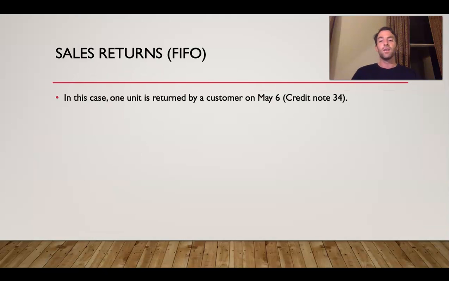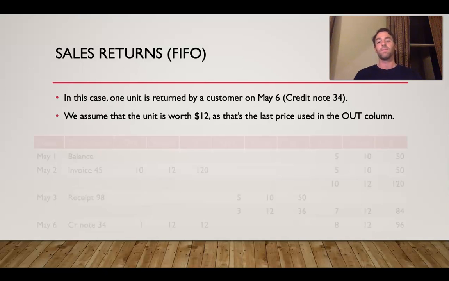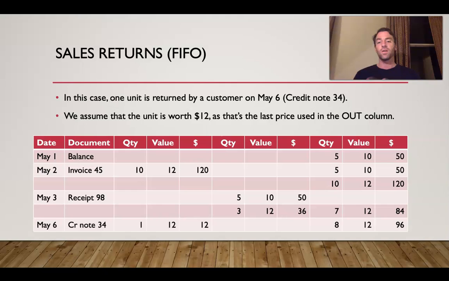In this case, one unit is returned by a customer on May 6. And you can see we have assumed on May 6 that the one that has been returned, so in the in column, cost price was $12. How did we work that out? Because the most recent good to be sold was the $12 here.